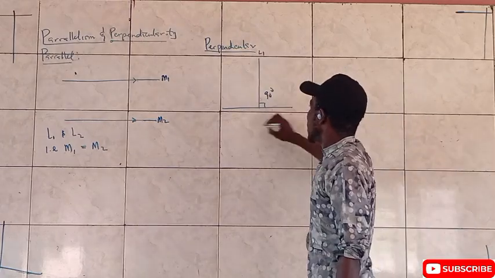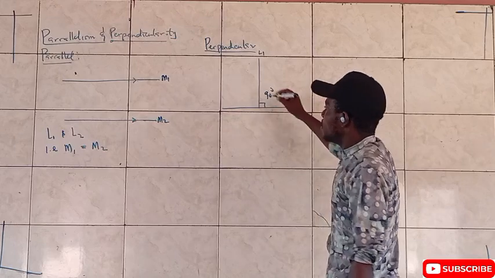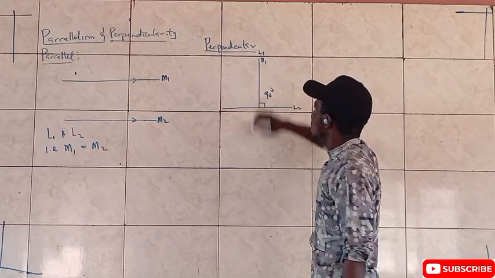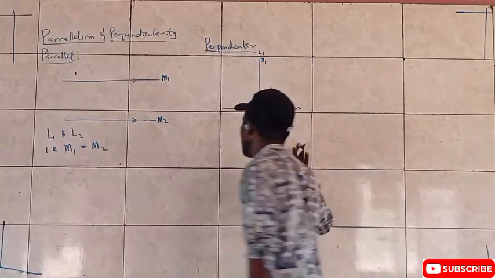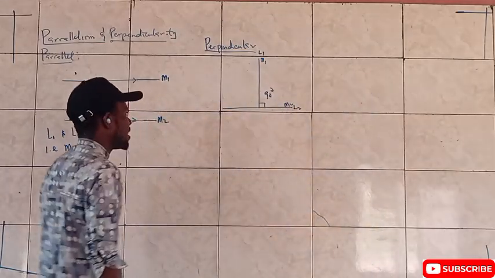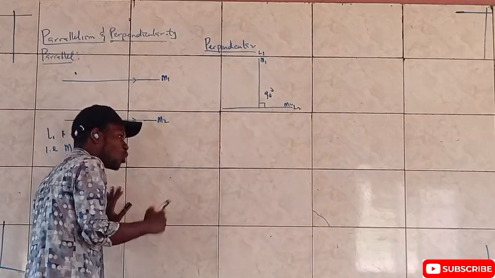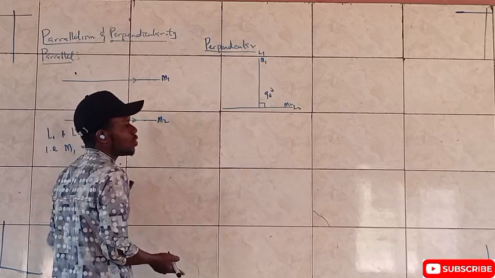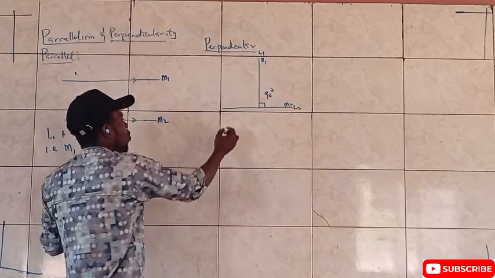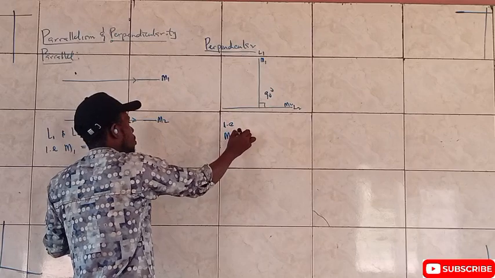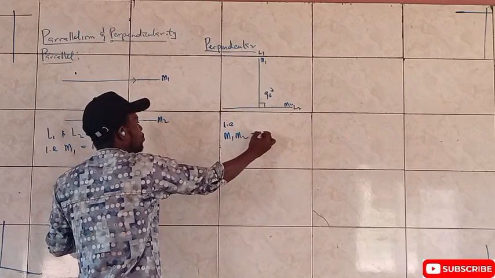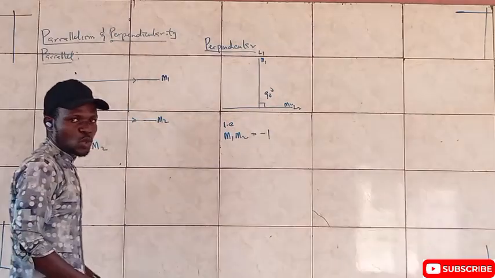So this is line L1 and line L2. This has the slope of m1 and this has the slope of m2. Do you understand? Two lines are said to be perpendicular when the product of their slopes is equal to -1. That is, when you multiply slope m1 by slope m2, the product gives you -1.